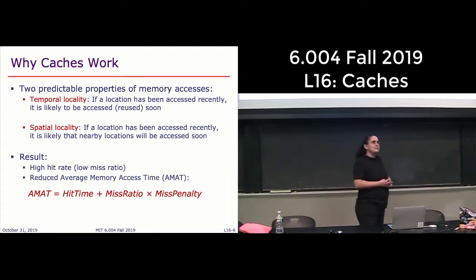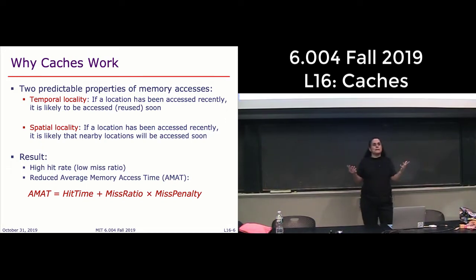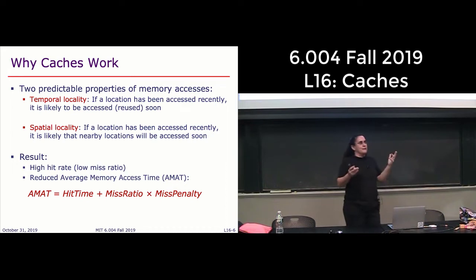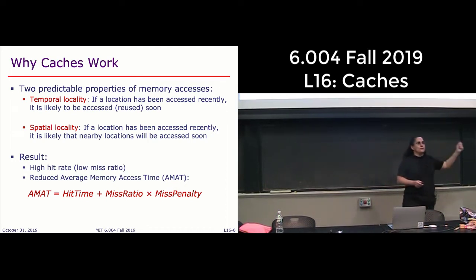Well, as we said, we're always going to first check our cache to see if the data that we're looking for is there. In order to check our cache, it takes us hit time, which basically corresponds to the time to look up something in the cache. Now if we don't find it in our cache, which is going to happen miss ratio fraction of the time, then I have to go and fetch it from main memory.